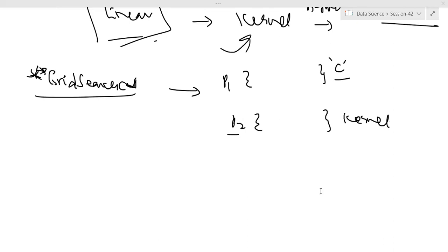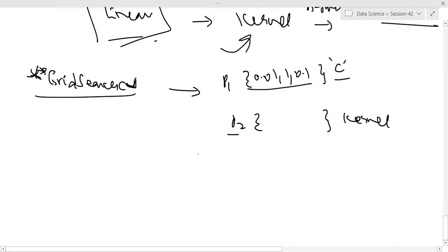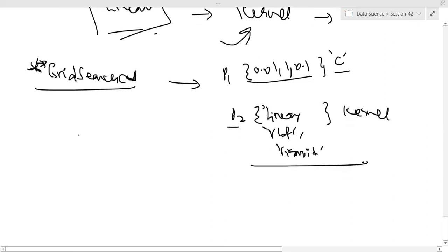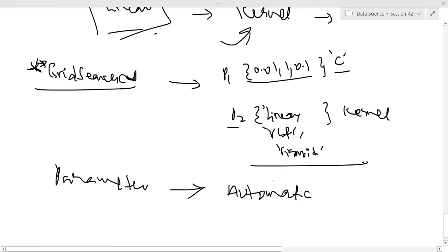If I'm talking about the C value, maybe it is 0.01, 1 or 0.1. Like that I can give three possible values, and I can give linear, RBF or sigmoid kernels. It works by itself and gives the best combination. It optimizes, we need not do anything. It only looks for the best possible solution, calculates itself and gives us the best.